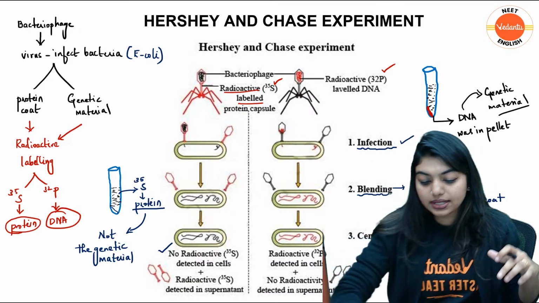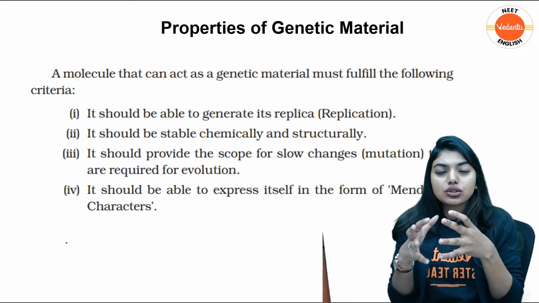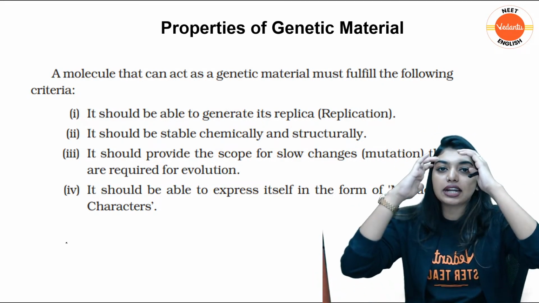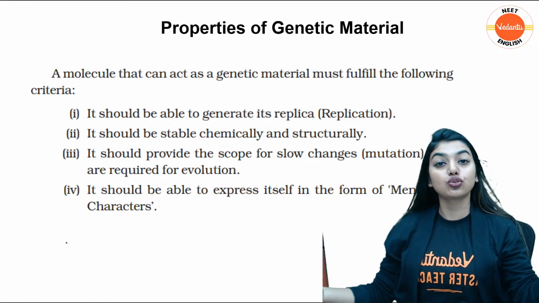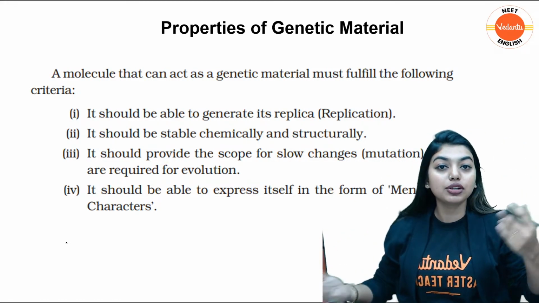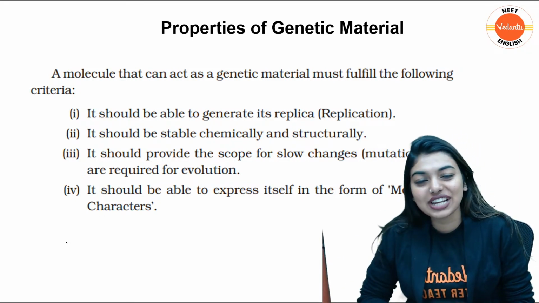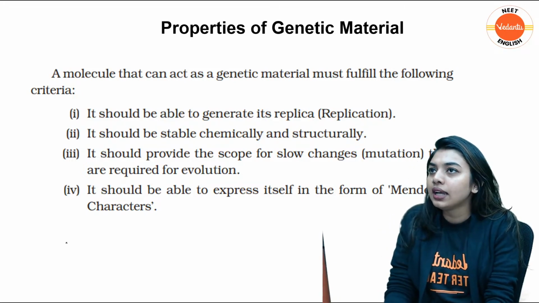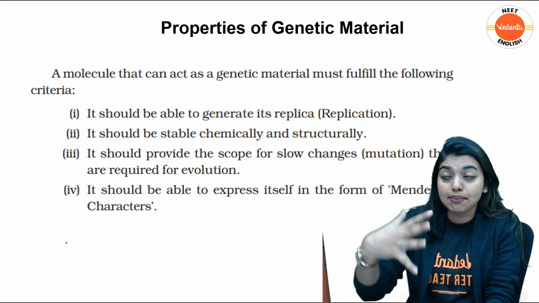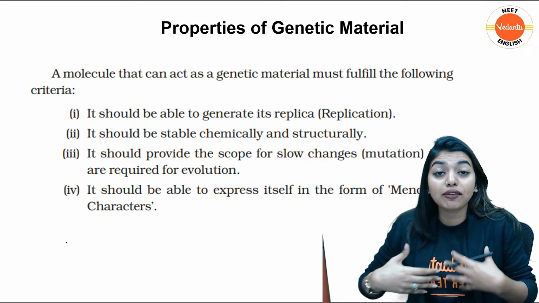Yes, okay. Now next we are going to understand the properties of genetic material. So students, for everything we have criteria, yes or no? To be a teacher we have criteria, to be a good student we have criteria, to be a spammer you don't have any criteria. To do an election, to be an MLA or MP, you have criteria and some things you have to achieve.